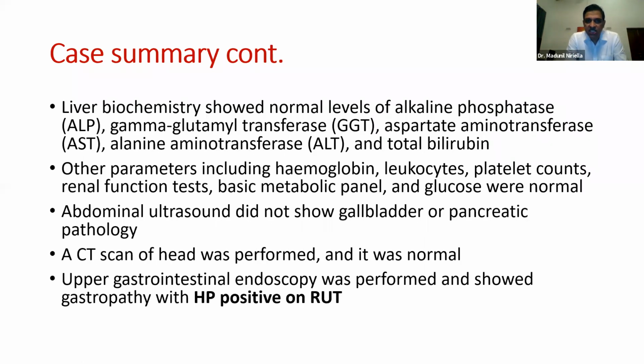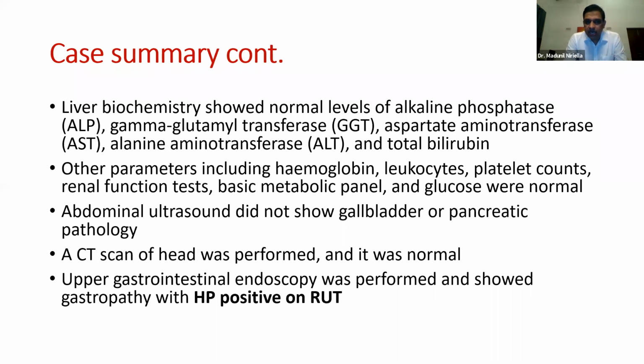His investigations revealed normal liver biochemistry and other hematological parameters, including hemoglobin, white cells, platelets, renal biochemistry, other basic metabolic panel, and blood glucose were normal. His ultrasound scan abdomen did not show any gallbladder disease or pancreatic disease. A CT scan of the head was performed, and that was also normal.